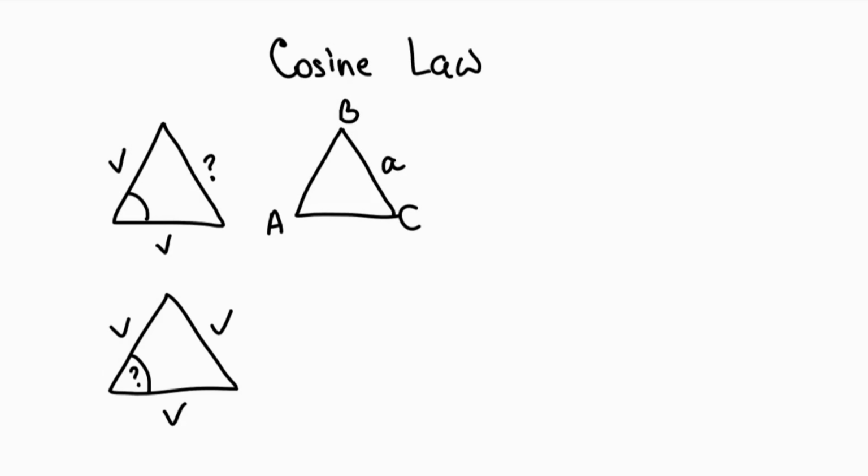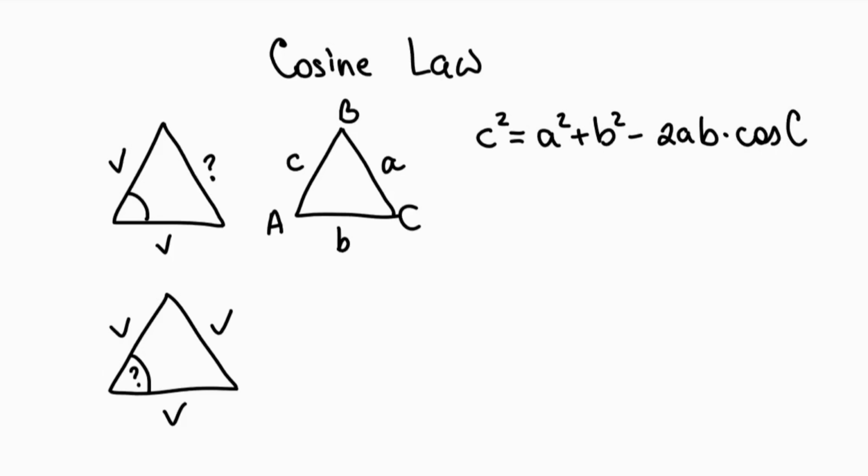So a, b, and c. And if I'm trying to solve for c, c will be on the outside, squared, then it equals a squared plus b squared minus 2ab times cosine of the angle that corresponds to the side that you're solving for.